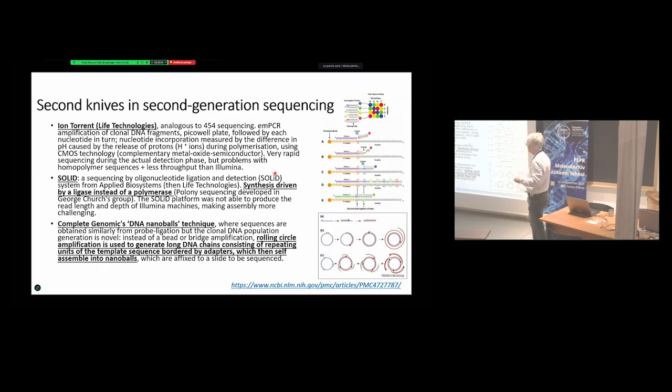A second effort was developed by Applied Biosystems with a technology that was quite different. It is called SOLiD. I just mention it because it was the first next generation sequencer that we had in the lab, and it was just to share with you my nightmare during years. It was based on ligation.